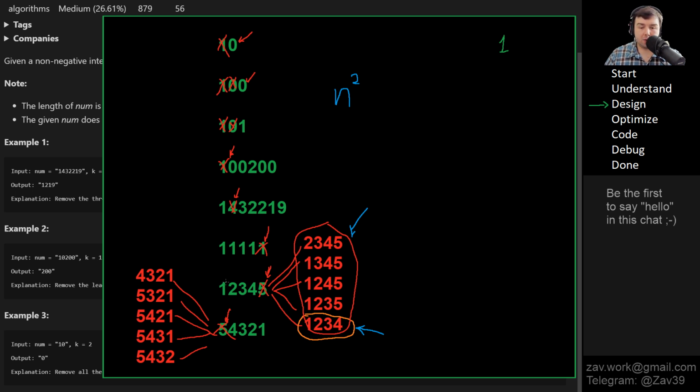We have a string of n digits, an n-digit string. We copy this string n times because we just remove every number. So generally it's n minus 1, and n minus 1 counts as n. So we end up with n square.